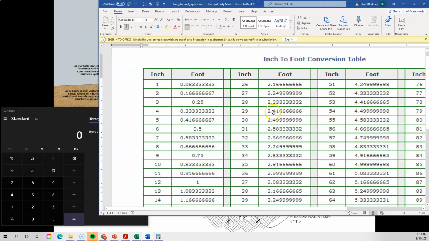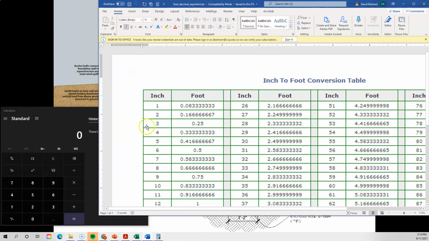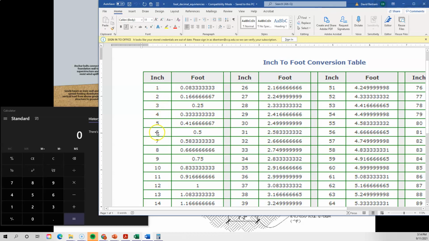So this chart is the inch to foot conversion. 6 inches equals 0.5 feet. 9 inches is 3/4 of 12, right? 12 inches is a foot right there. So 12 inches equals 1 foot, and 9 inches equals 3/4 of a foot.